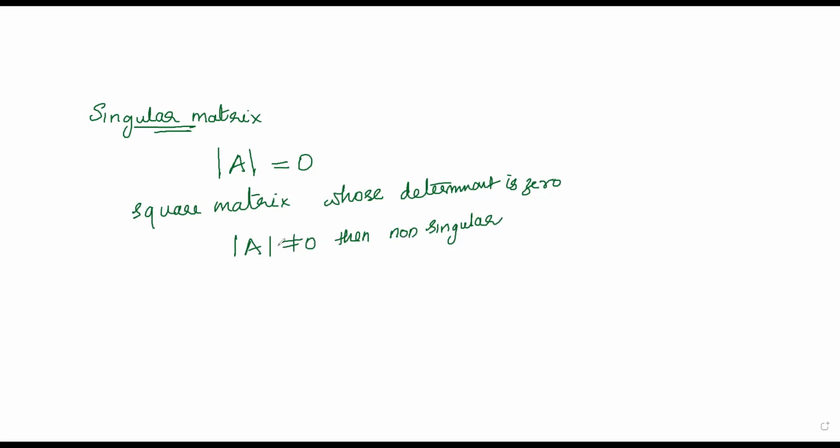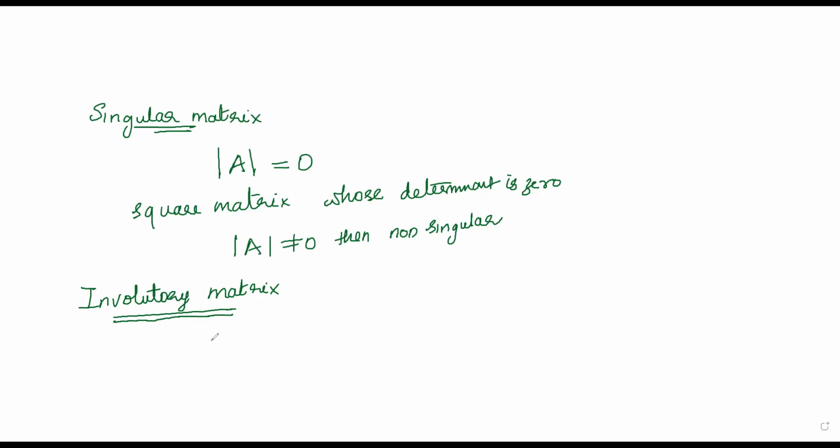Next is the involutory matrix. These involutory matrices are terms which are not mentioned in your NCERT textbook, so when you see that in the question paper, you may be seeing it for the first time. This is a previous year question. It is already asked, but there's a possibility that they can ask again. So what is an involutory matrix?